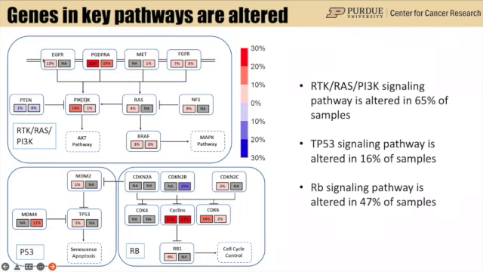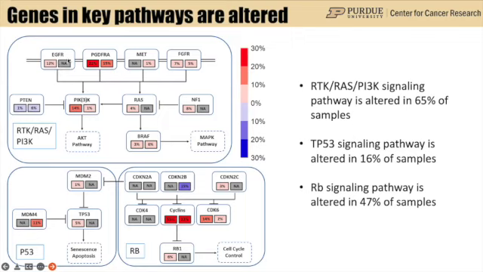In the left box here, these are the percent of samples that have a mutation in, for example, EGFR. So 12% have a mutation in EGFR.